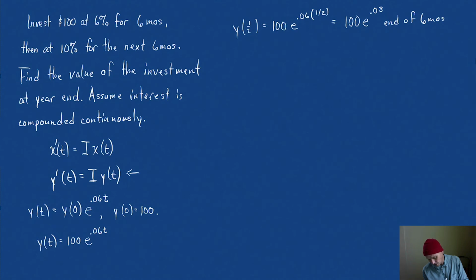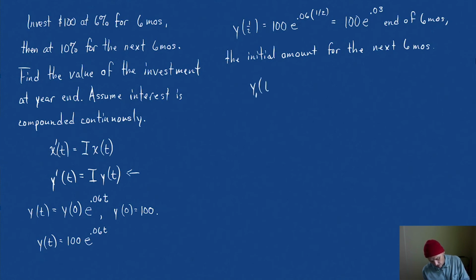But it's also something else. It's also the initial amount for the next 6 months. Well, how do we use that? Well, what we do is, notice our next equation is going to be of this form, y of t, maybe I should call this y1.